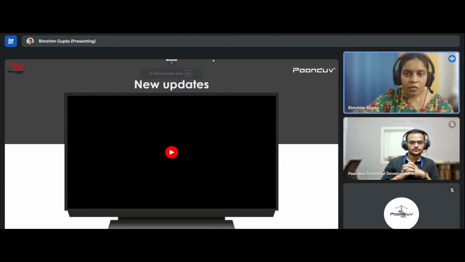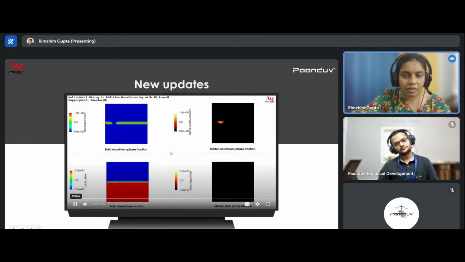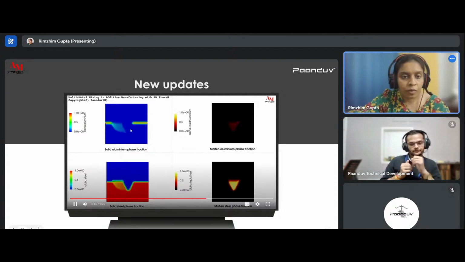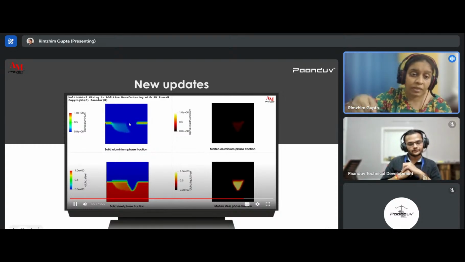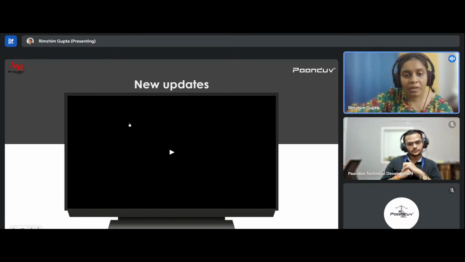So there are some new updates that we are happy to share with all of you, that we are working quite rigorously on the metal mixing and welding processes. You can see through this animation that there is a thin plate of aluminum at the top of the substrate, which is solid steel, and how prominently the mixing of the two metals happens when the laser hits the thin plate.